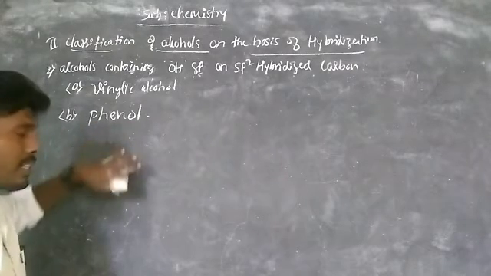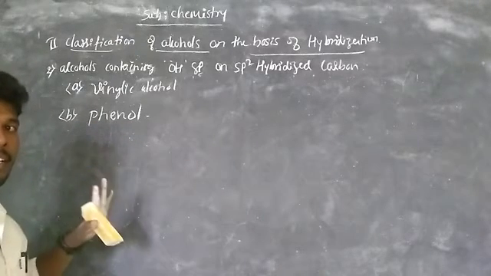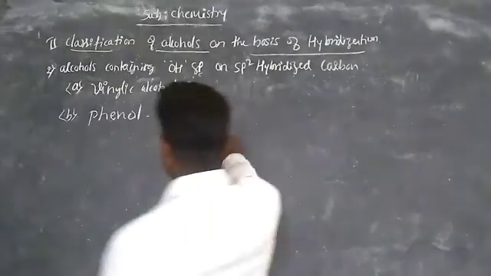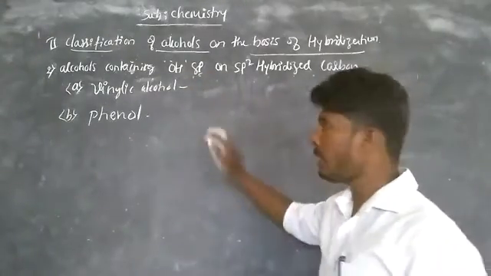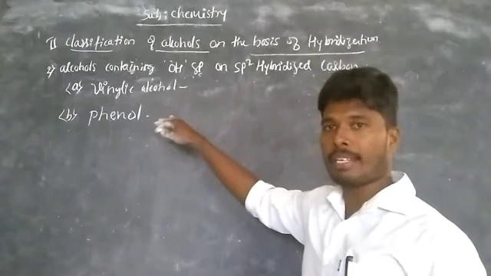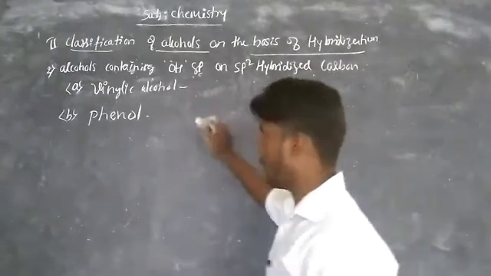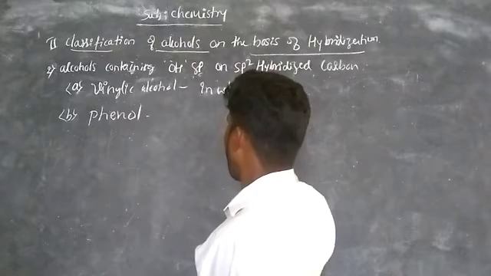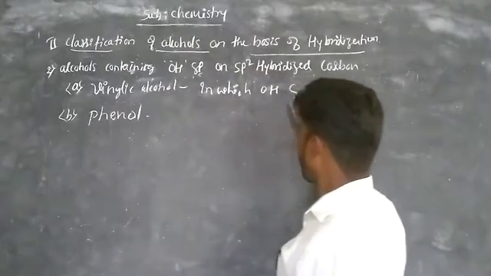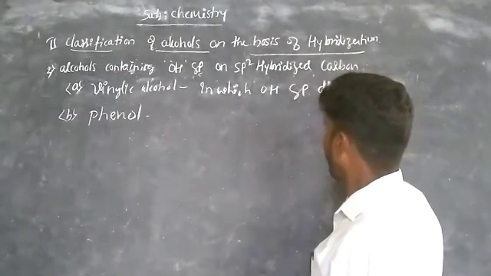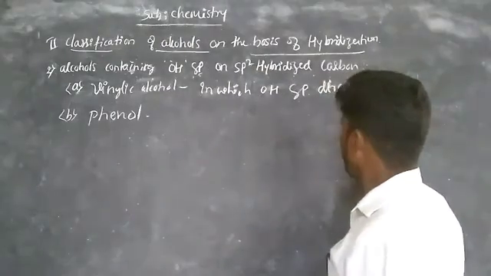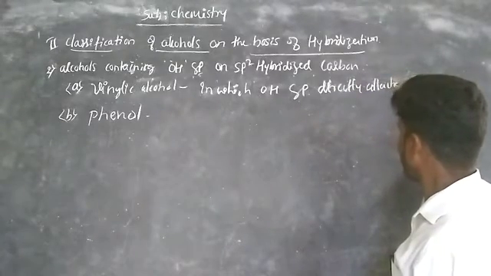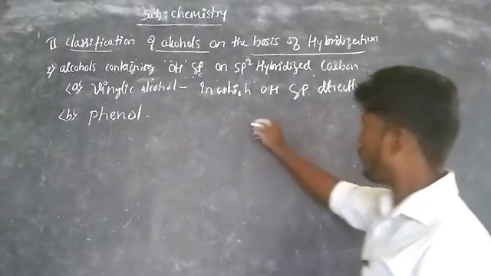Okay, so phenols is a class of alcohol. Those we will study later separately like a group. Now vinylic alcohols. Vinylic alcohols are the alcohols in which the hydroxy group, meaning OH group, is directly attached to the vinyl carbon.